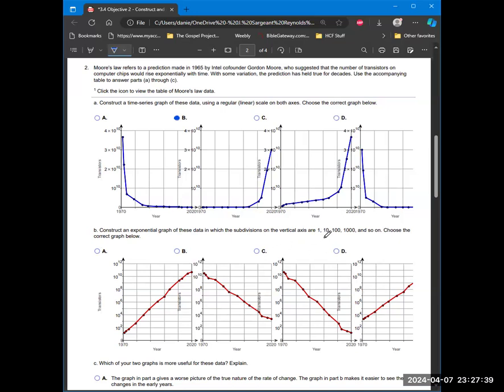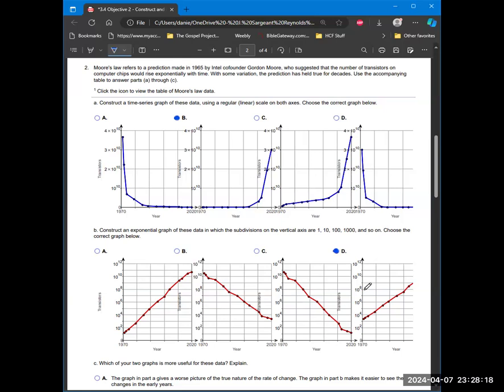So 1, 10, 100, 1,000, and so on. And when we do it that way, instead of everything being of the order of magnitude of 10 to the 10th, we change the orders of magnitude as we go up. We get this line. It looks like a line instead, like D.